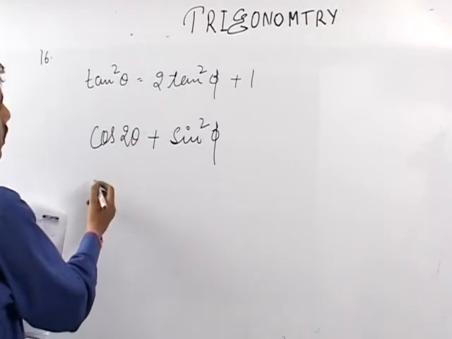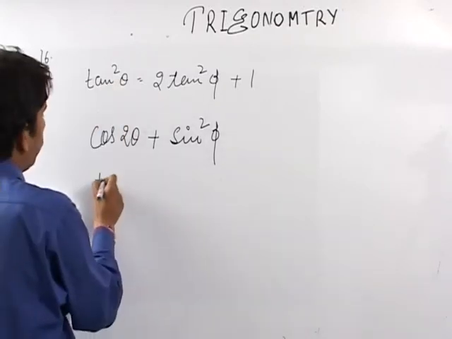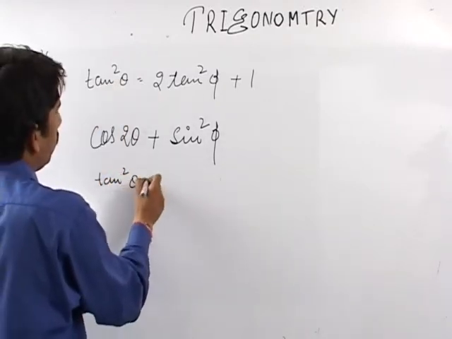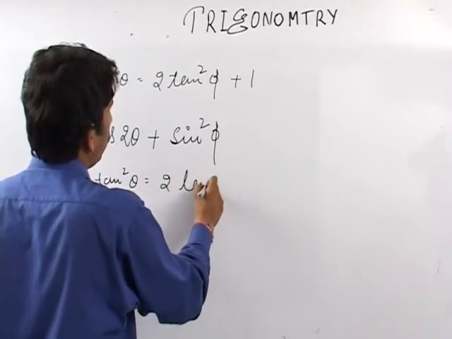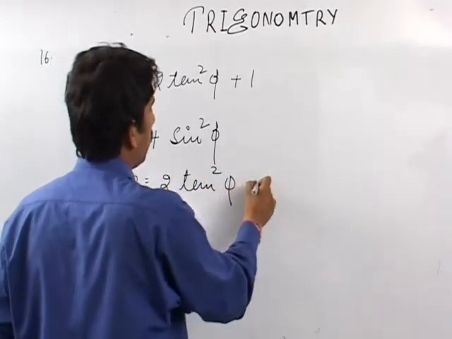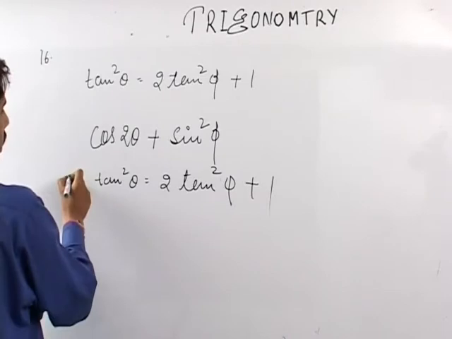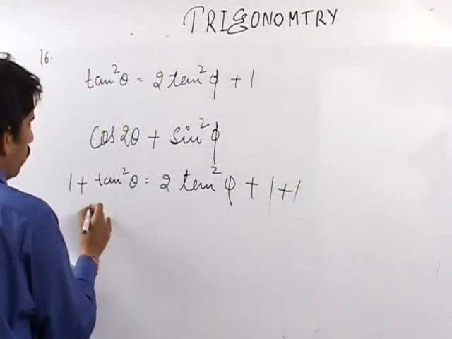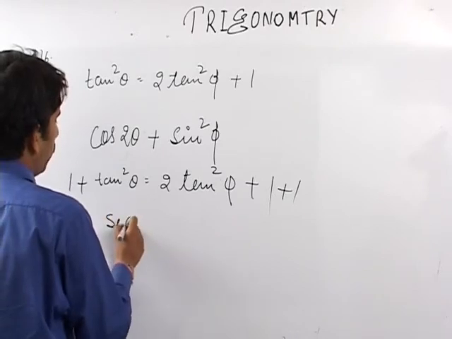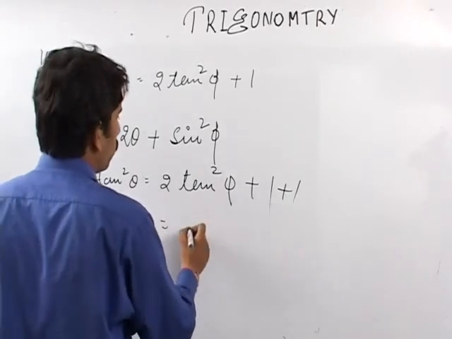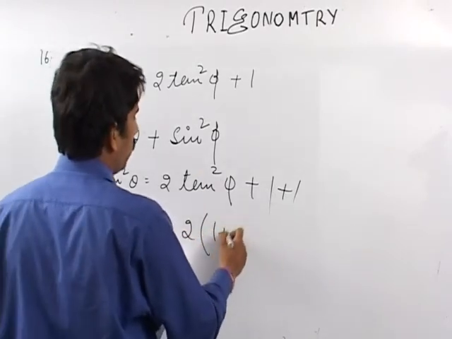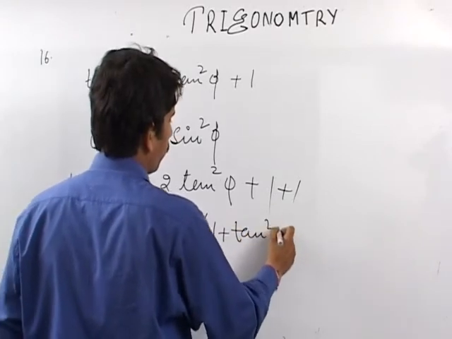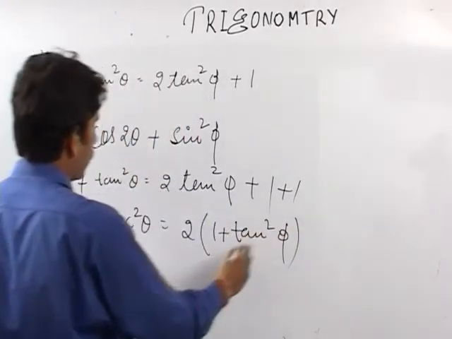But in another way, if you see, tan square theta is equal to 2 tan square phi plus 1. If you add 1 on both sides, then you will get 1 plus tan square theta, which is secant square theta, and this is equal to twice, taking common, 1 plus tan square phi, which is secant square phi.